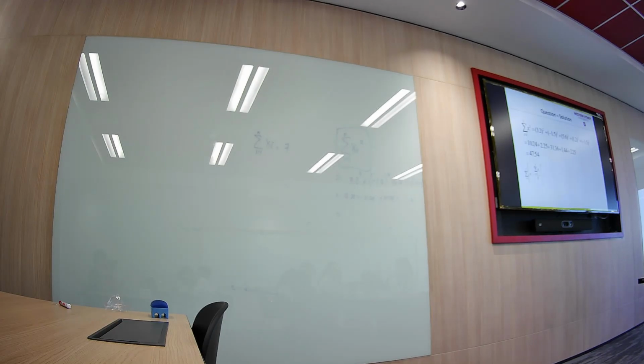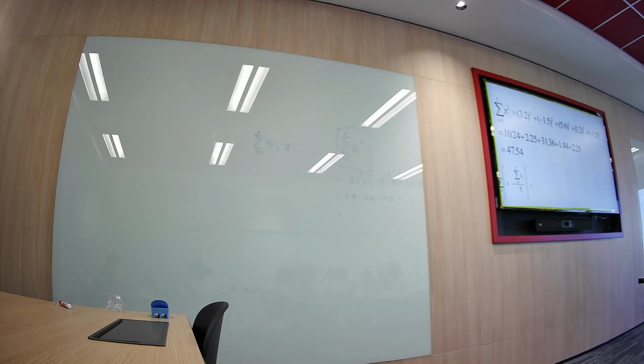I think it's more complicated. Maybe you can do it. I will zoom in on this one. How to do this one? You can try it. Give me the final answer, maybe.